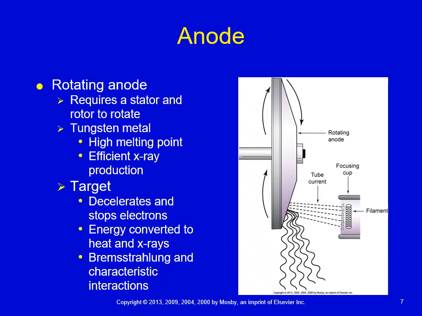So instead of a focal spot that we have on the stationary anode, we now have a focal track on the rotating anode. The anode target itself is the part that the electrons are interacting with. So it is responsible for stopping or slowing down those electrons that we need for creating the X-rays that we need for the patient's X-rays.